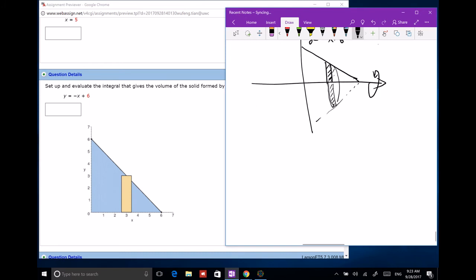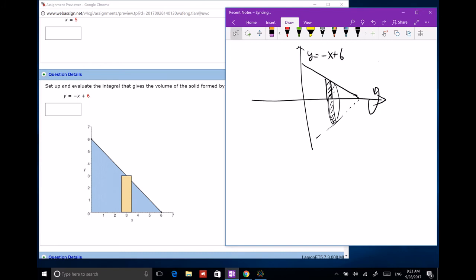So we can use the disk method on this one. R is the y values, so V equals pi r squared dx.